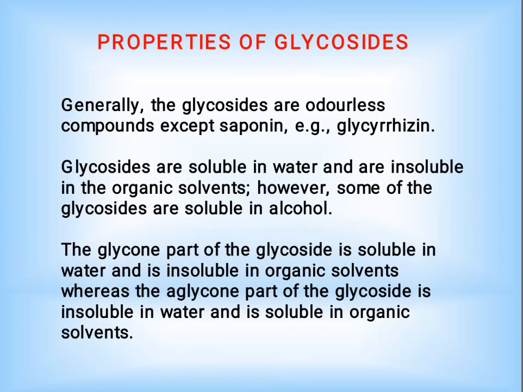Generally, glycosides are odorless compounds, but again one exception is there, and that exception is the saponin type of glycoside, which is present in glycyrrhizin. Glycosides are soluble in water but insoluble in organic solvents.